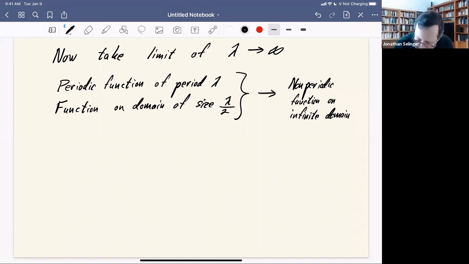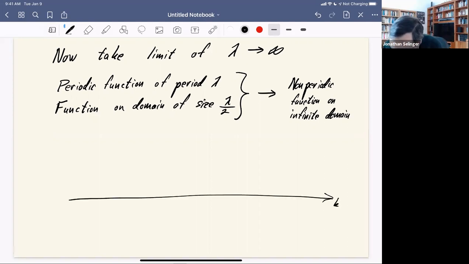And so that means now, if I have my number line for k, I used to have a set of allowed values with a certain spacing. But now, if lambda goes to infinity, that means delta k goes to 0, right? Because delta k is 2 pi over lambda.